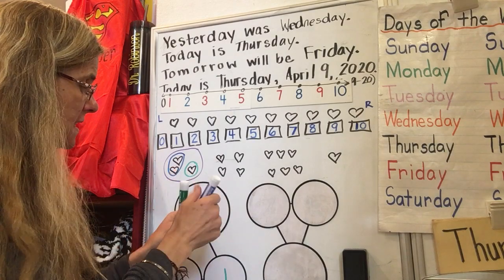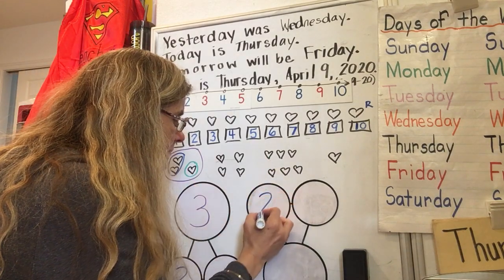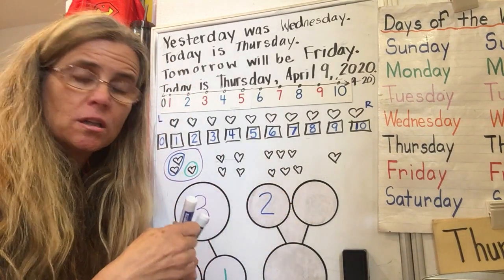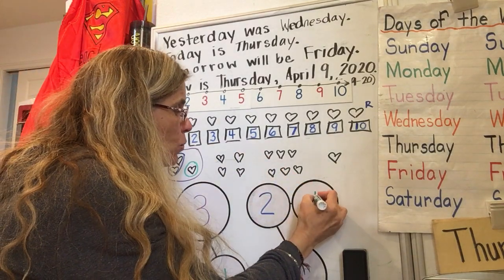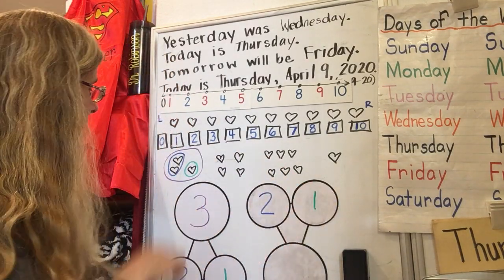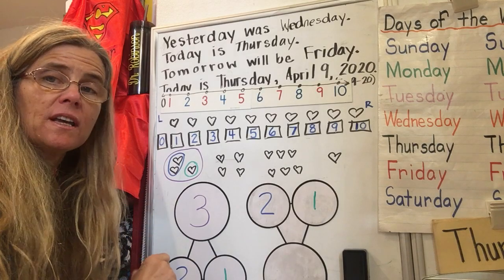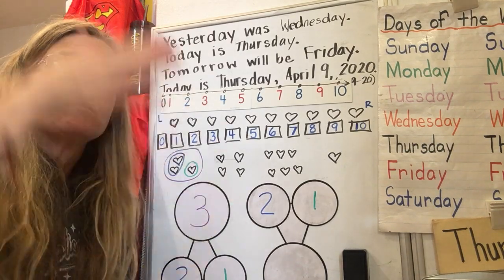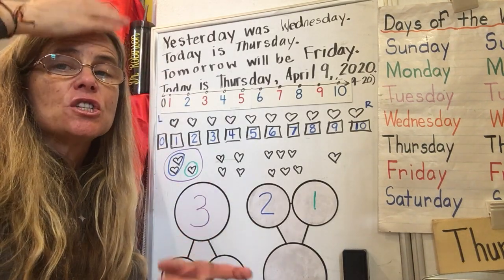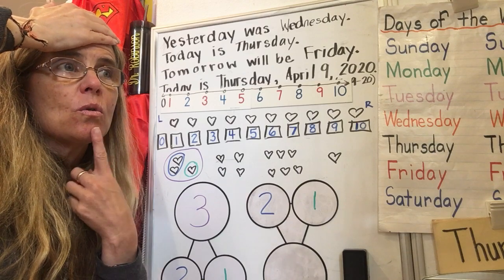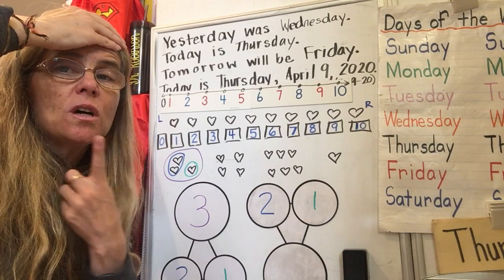So I see 2 and 1 more. 2 and 1 more. And 2 and 1 more is a total of, I'm going to put the 2 in my head and the 1 in my hand. 2, 3.